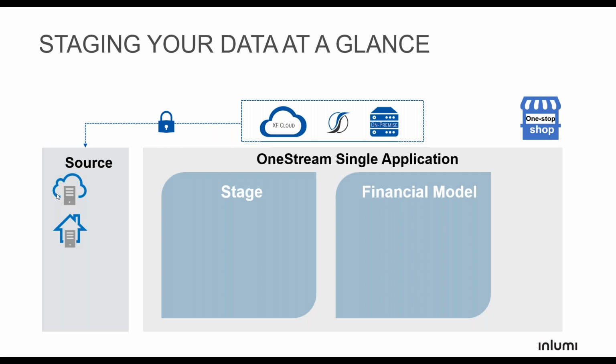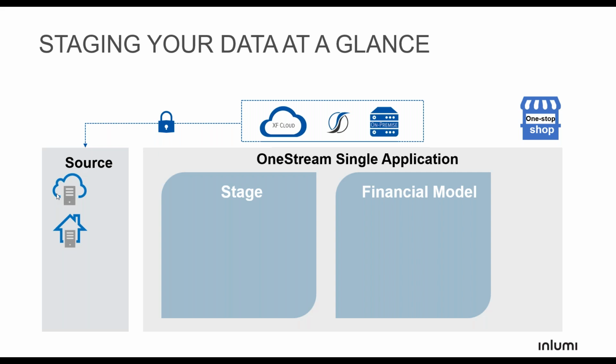But it doesn't mean that OneStream couldn't connect through, for example, web services. So if the source system provides web services, with OneStream we can connect to that web service to extract data, for example.